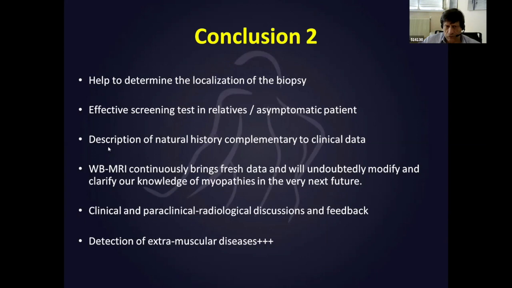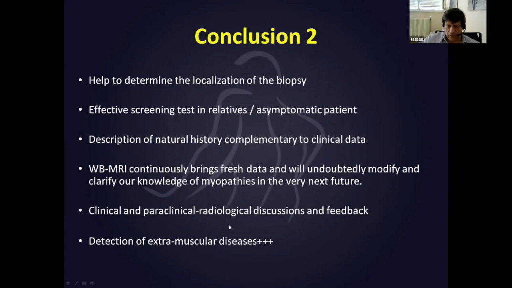More and more, the description of natural history is performed to have complementary data after clinic. All body MRI continuously brings fresh data and will undoubtedly modify and clarify our knowledge of myopathies in the very near future.